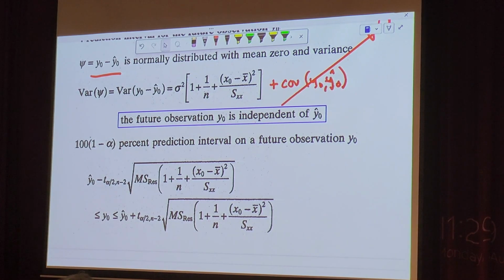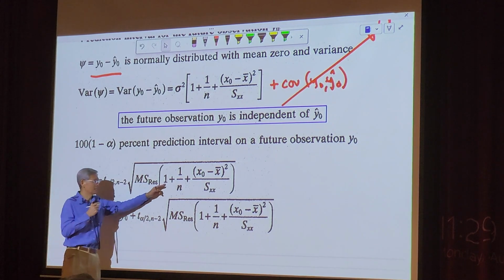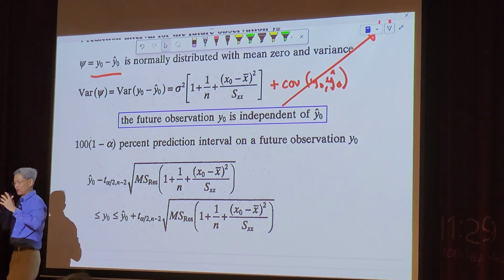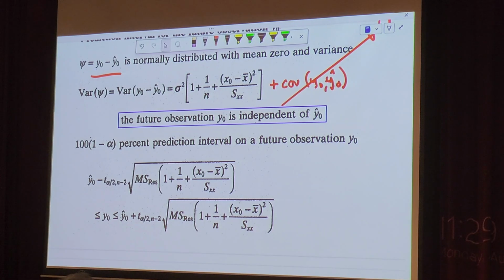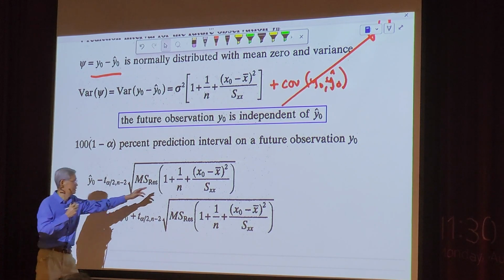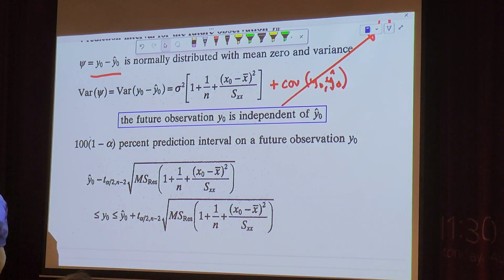Now the one here means what? The one here means that when you construct this interval for a future observation, the interval is wider. Okay, this is not a confidence interval, this is a prediction interval, because the one makes it wider.